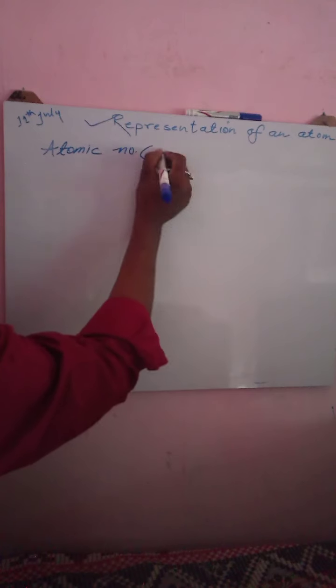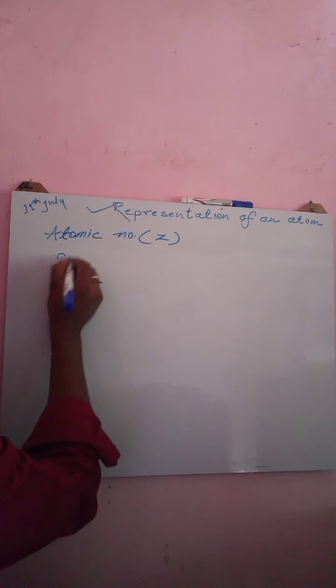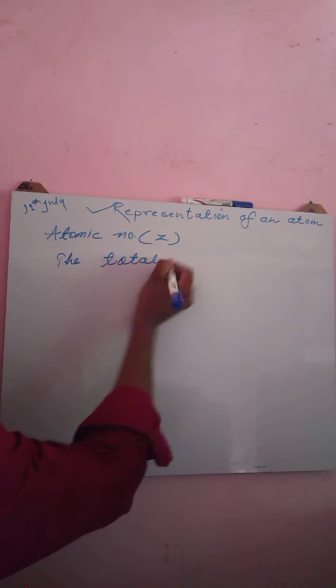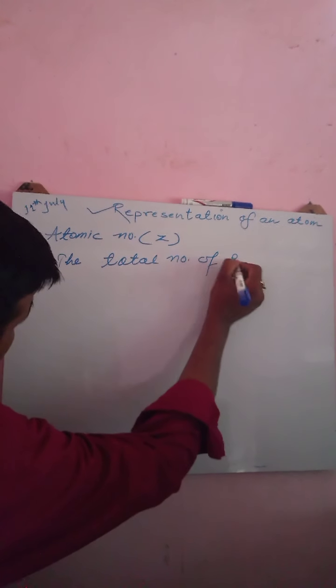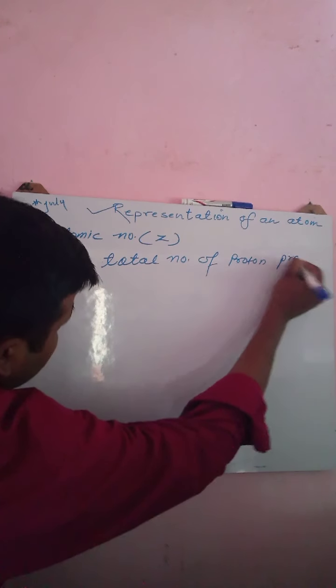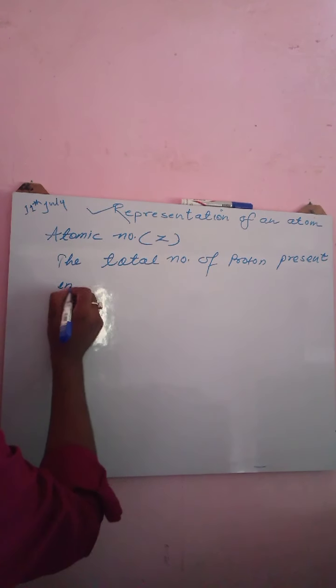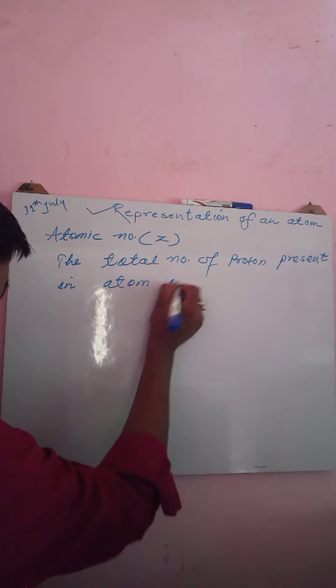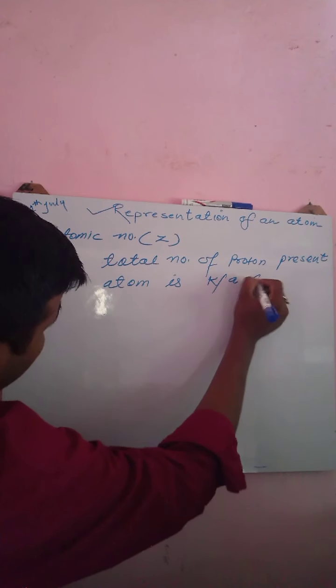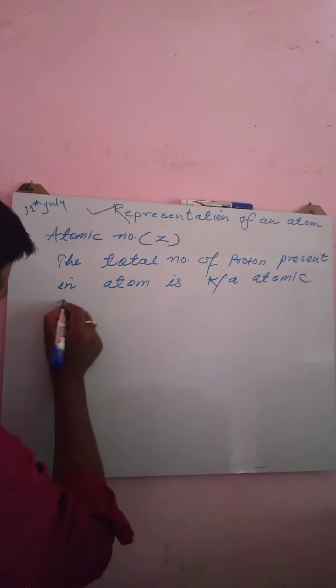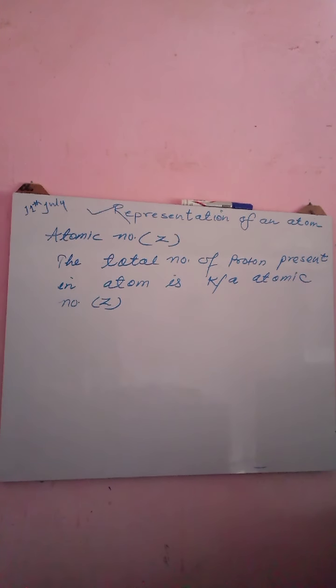Atomic number Z. According to scientist Ernest Rutherford, the total number of protons present in an atom is known as atomic number Z. This definition was given by Ernest Rutherford.